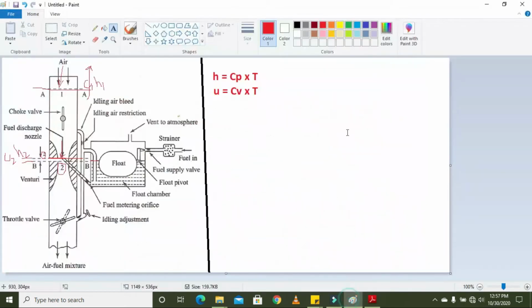As you may know, density is equal to mass upon volume, and specific volume is volume divided by mass.